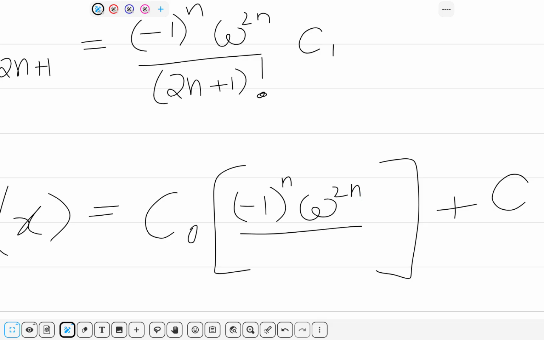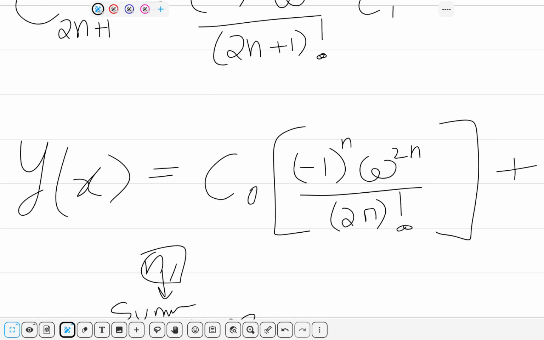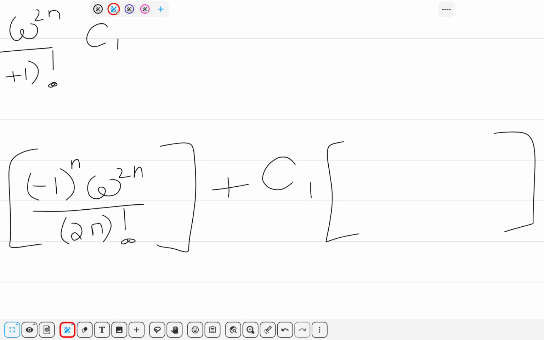And let us say that the index is summed from 0 to infinity in both cases. Okay, let me just write it down.